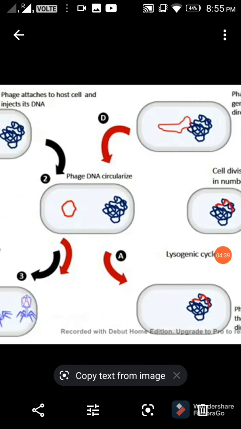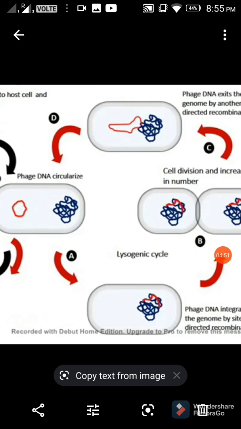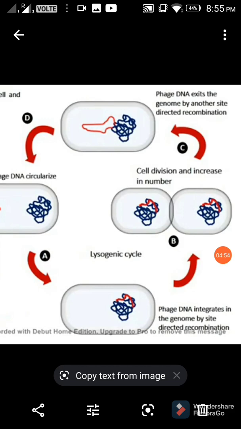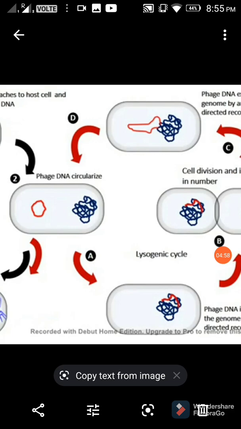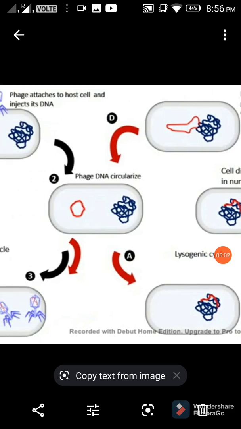Just take a closer look at this diagram, girls. You can see that after figure D, where the phage DNA exits the genome by site-directed recombination and gets separated, it becomes circularized again like this.